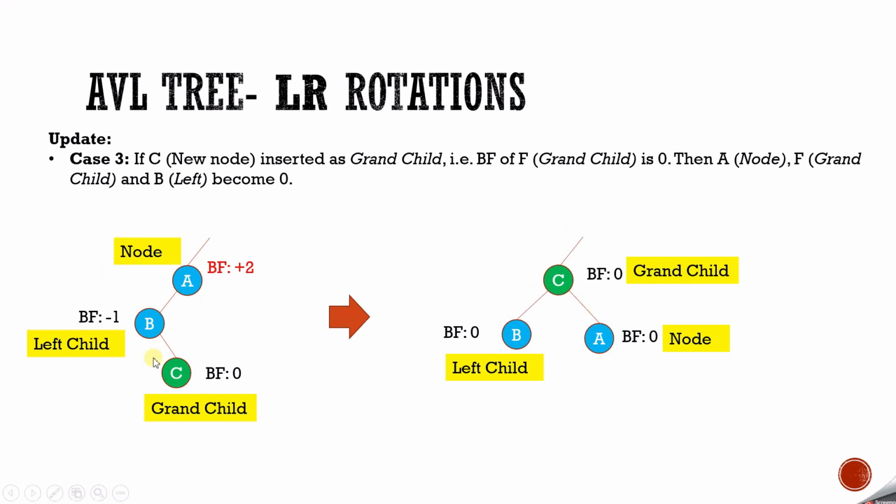Then the simple one, where the new node itself is the grandchild. In that case all the nodes will become 0. That means the left child, grandchild, and node, all 3 nodes' balancing factors become 0.